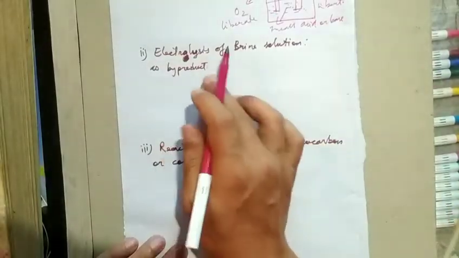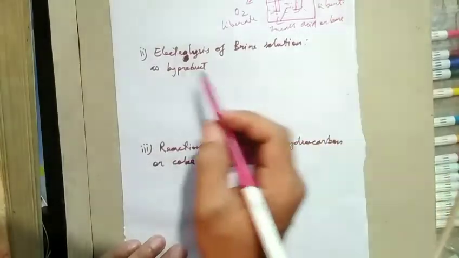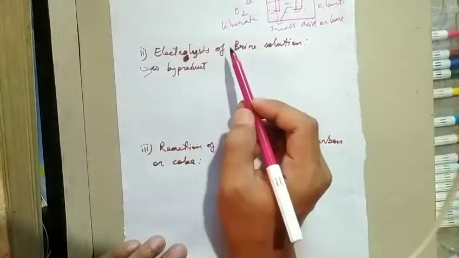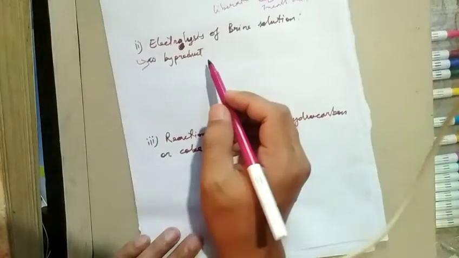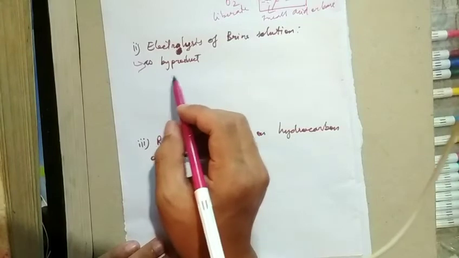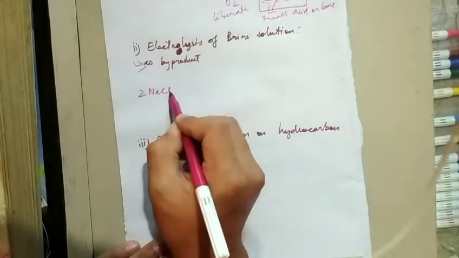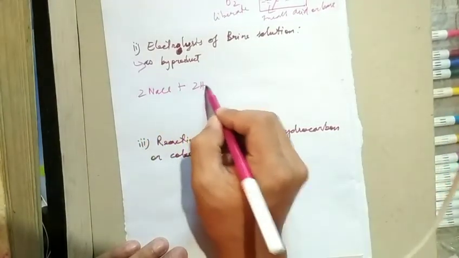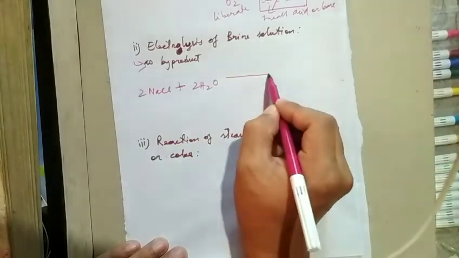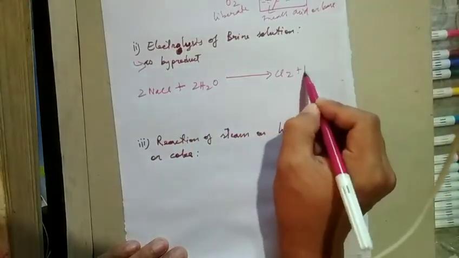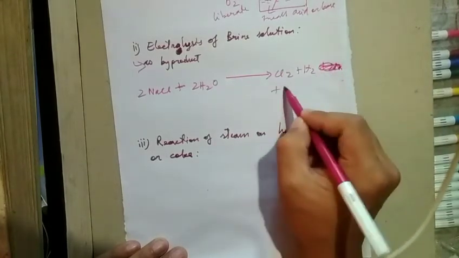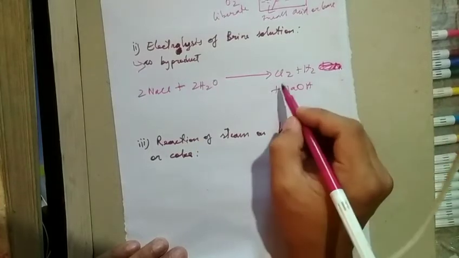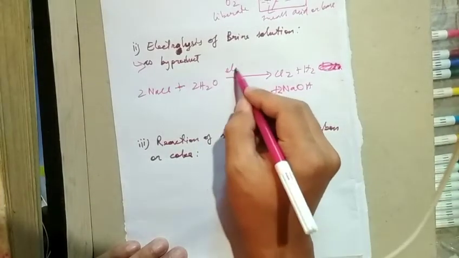The second one is electrolysis of brine solution. So hydrogen is obtained as a byproduct. 2NaCl plus 2H2O gives Cl2 plus H2 plus 2NaOH on electrolysis.